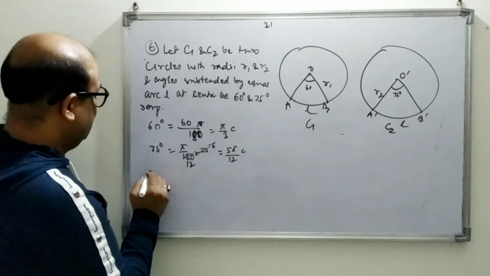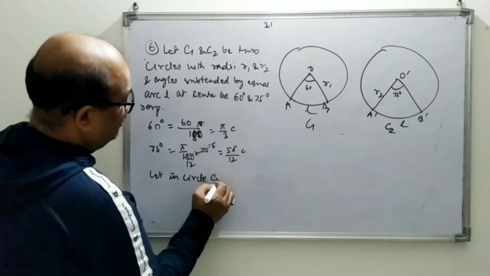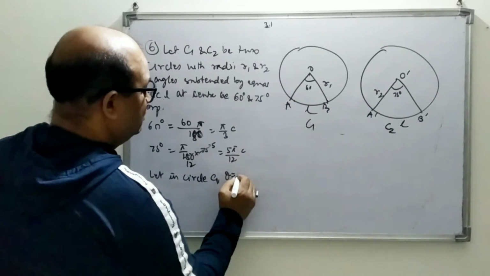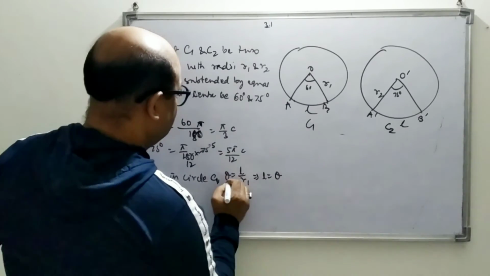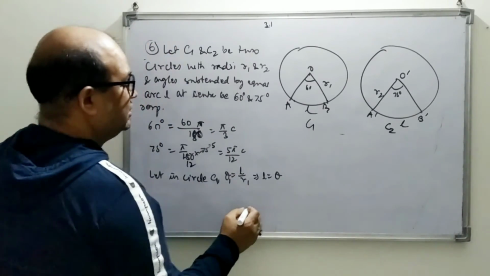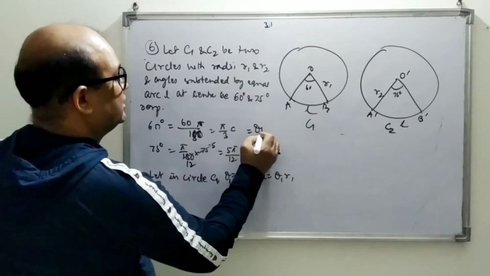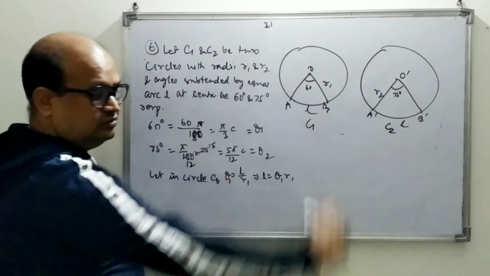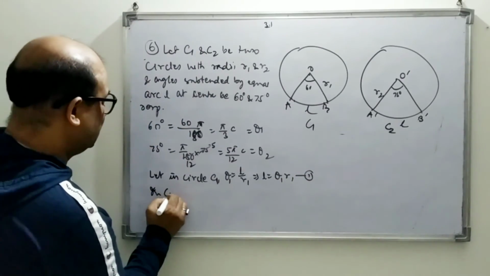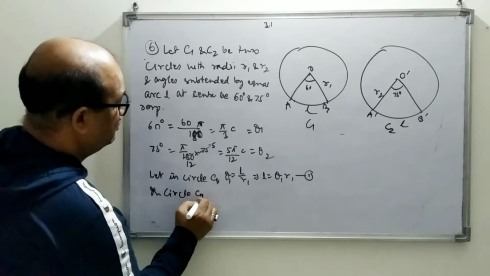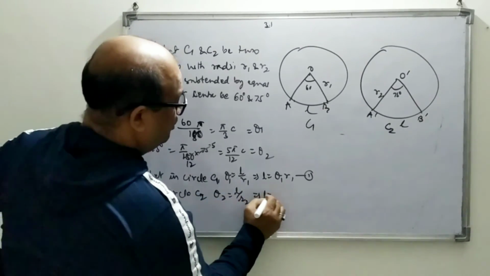Now in circle C1, theta equals L by R1, that is L equals theta 1 R1. Suppose this is theta 1 and this is theta 2. This is equation 1. In circle C2, theta 2 equals L by R2.